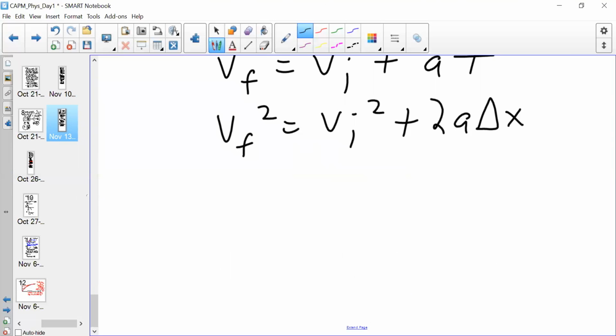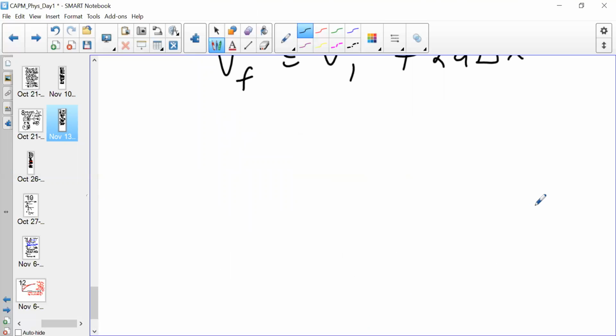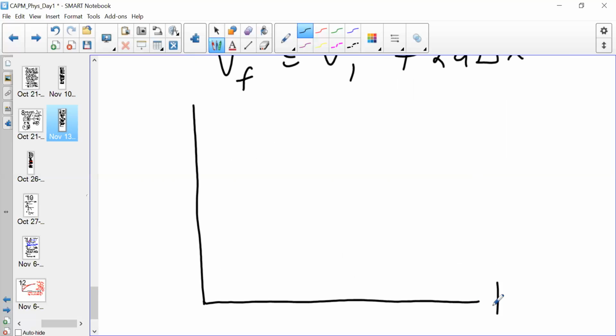And so the 4th equation, which the old book was very clear on deriving, we get the 4th equation from looking at the velocity time curve while this object is accelerating.